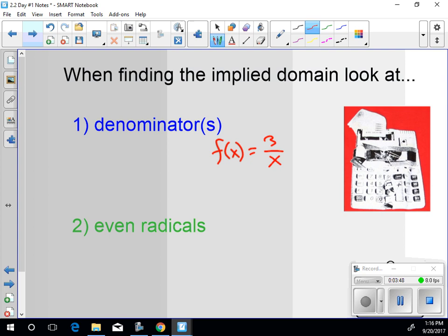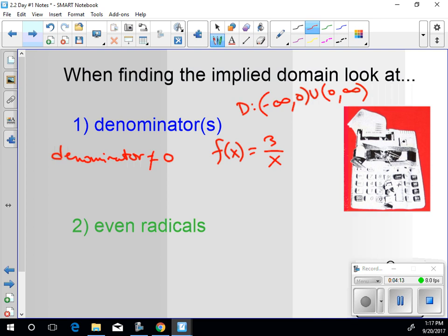So we do not want denominator cannot equal 0. Okay, could the denominator equal 0 here? Yes, if x equaled what? 0. So the implied domain of this problem would be negative infinity to 0, gap there, union 0 to infinity.